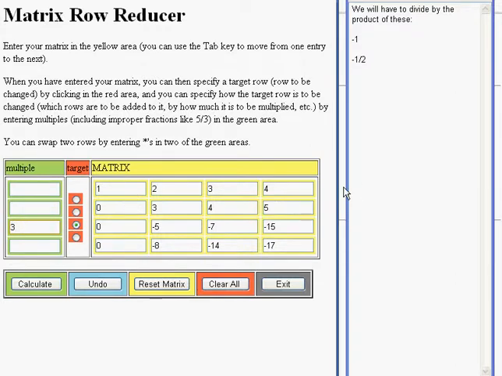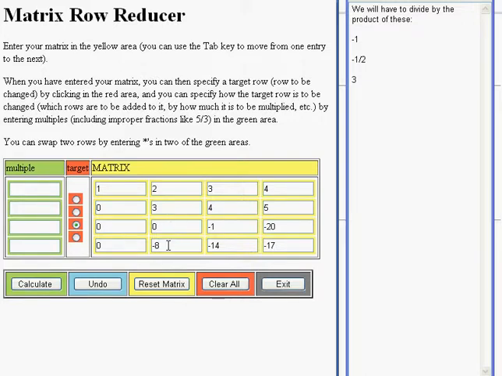Oops, if I'm going to do that, I've got to remember to divide by 3 at the end. All right, we're going to multiply the third row by 3. That gives me -15 at the beginning here. And so I can easily clear that to a 0 by adding 5 times the second row to it. So 5 times the second row added to the third row doesn't change the determinant, but it gives me my 0 where I want it.